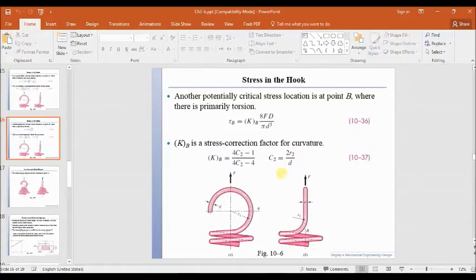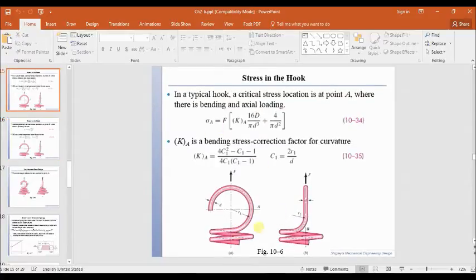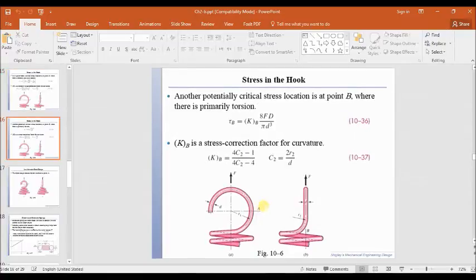And we have to find C2 and then KB. Then we can find the shear stress at this location. So we have shear stress at location B and bending stress at location A. So it's a different type of stress at these two locations.